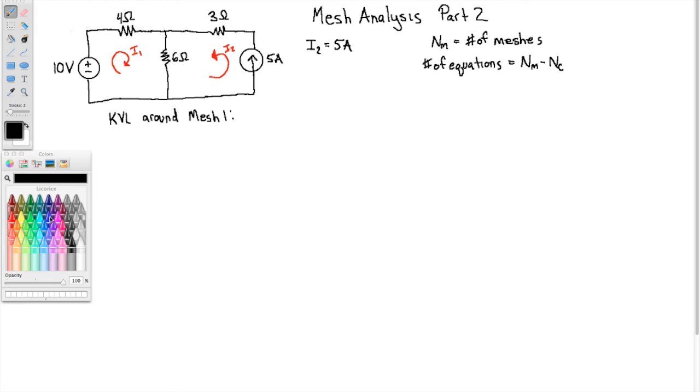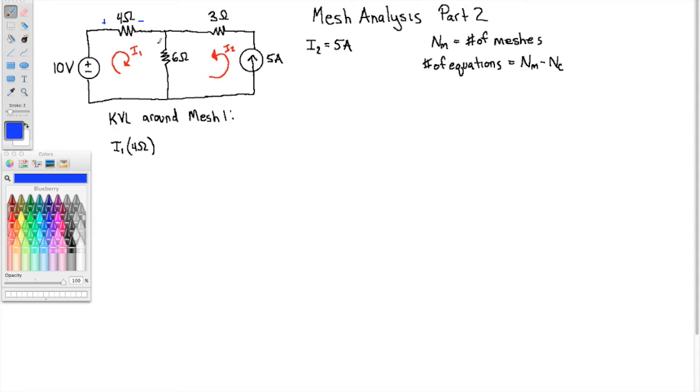The first thing I get to is the 4 ohm resistor. I want to know what's the drop in the clockwise direction. From Ohm's law, the drop is I1 times 4 ohms, I times R. That brings me to this T-shaped node up top, and I'm going to come down through the shared branch.